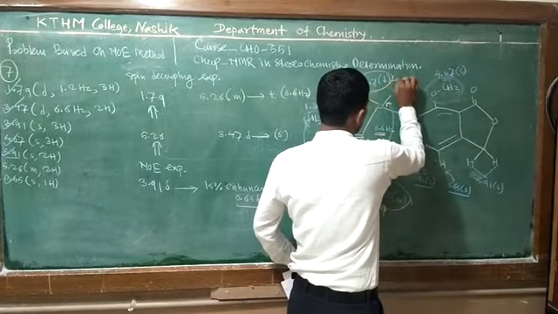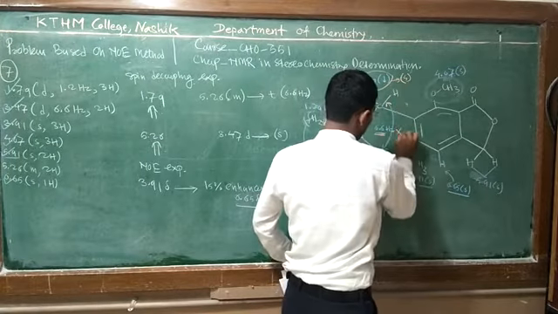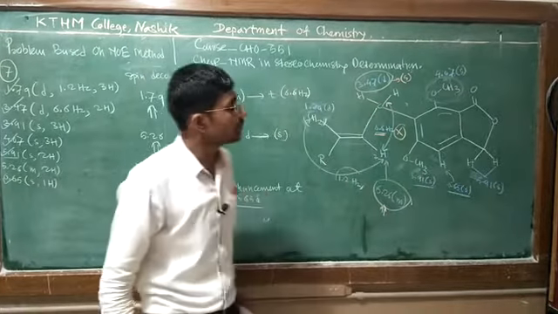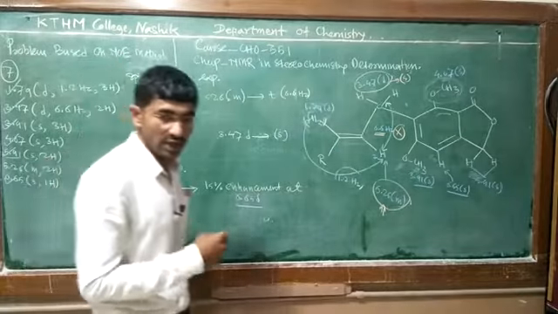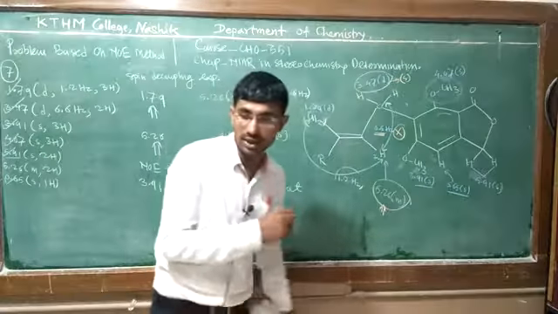That coupling is not possible, and because of that a singlet signal is observed. So this coupling is not possible, and therefore we observe a singlet. In this way we can conclude that our assignment of the signal is correct.